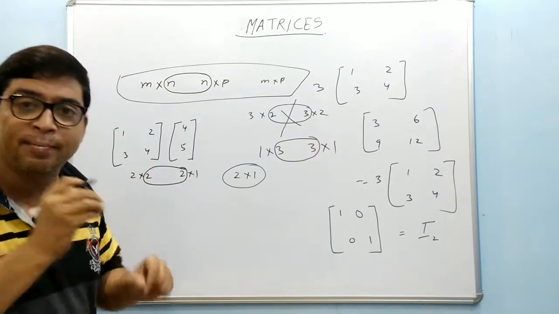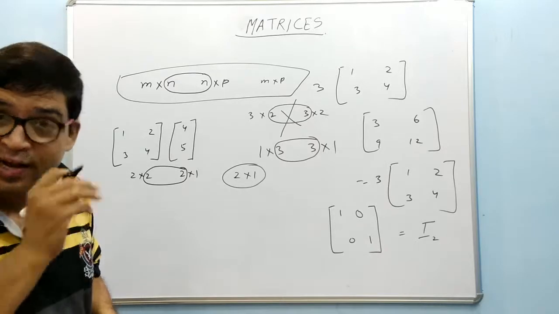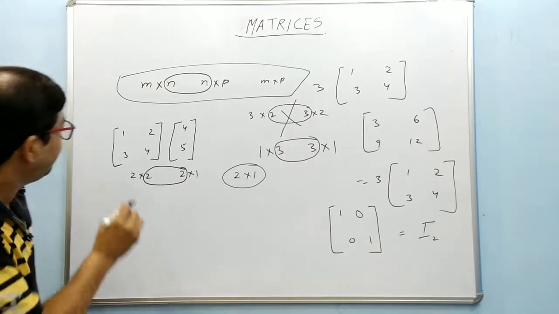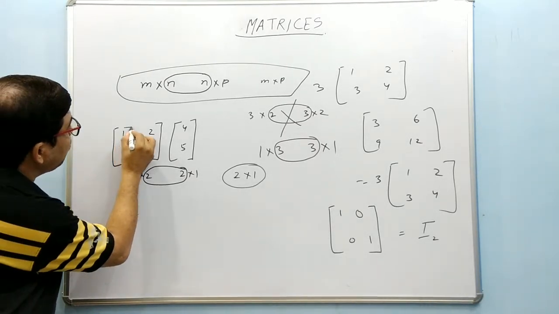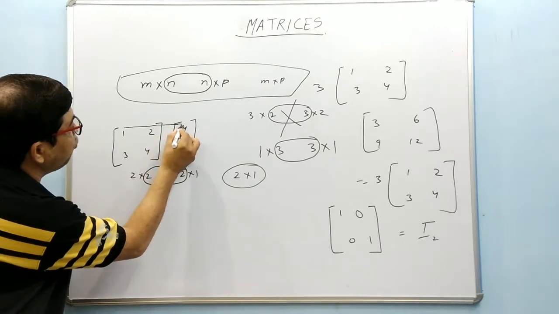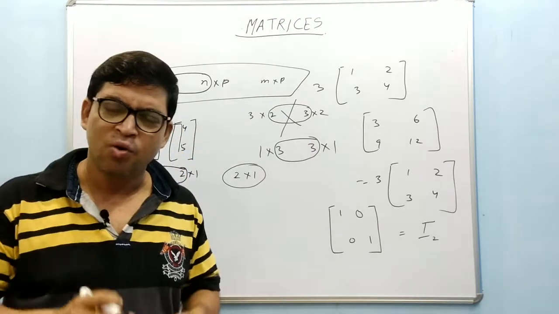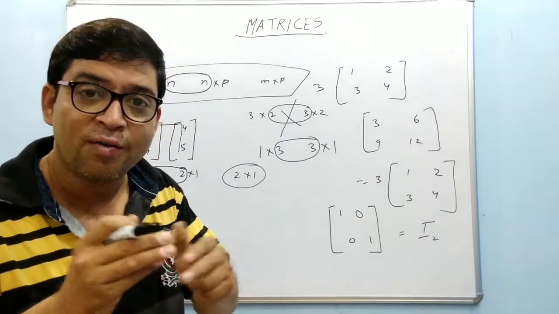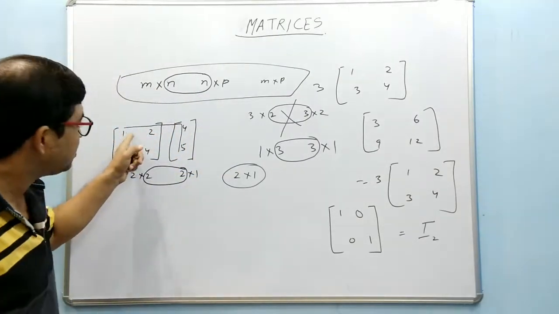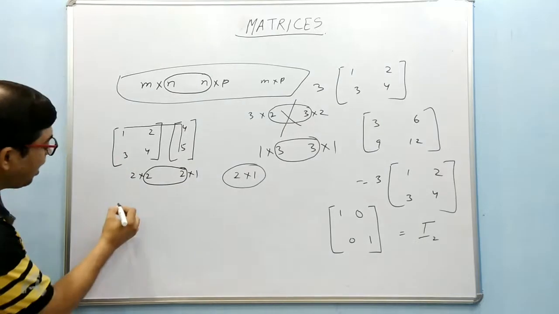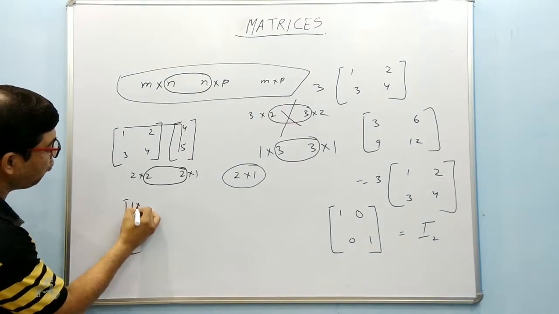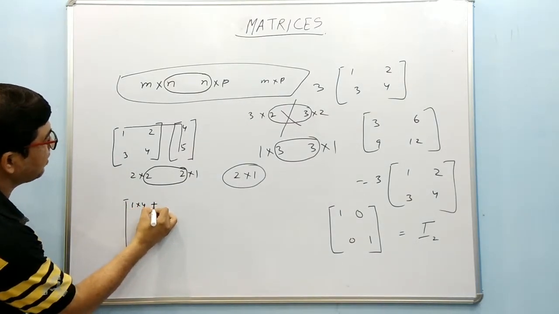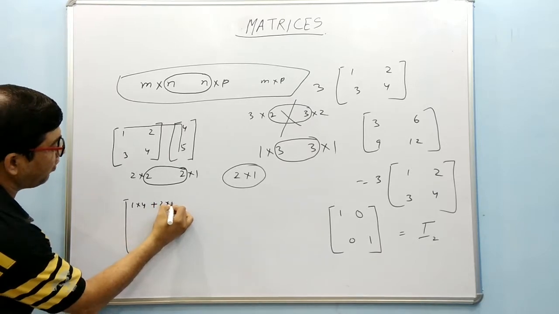Now I will tell you how multiplication is carried out. See, the first row is multiplied to the first column. In the local language we say it is multiplied in the formation of 7. So first row with the first column: 1 into 4 plus 2 into 5.